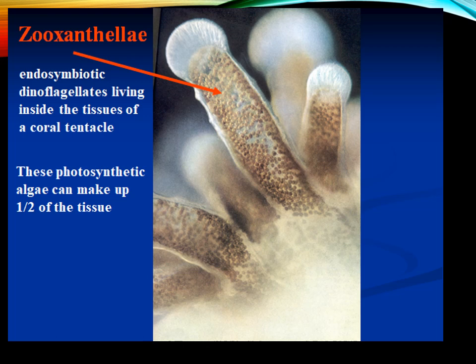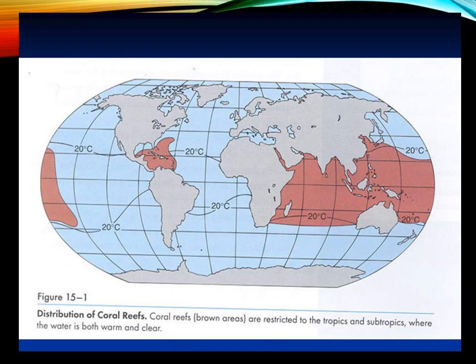Some of that excess food can be used by the coral, and that gives it enough energy to build those coral reef structures. And in return, the algae has a safe place to be, and it gets the waste products from the coral animal. So it's an interesting symbiotic relationship that makes for a very productive ecosystem.